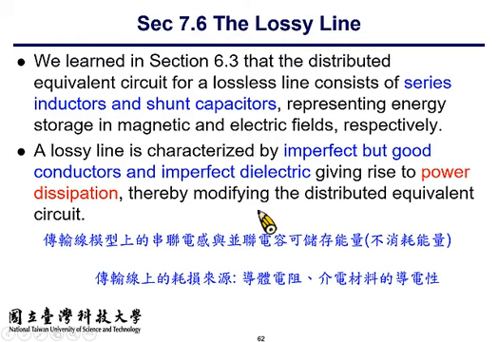On the other hand, on the series resistor and the shunt conductor, as currents go through or voltage drop appears across them, they exhibit a certain amount of energy loss within the resistor, within the conductor. Okay, so that's the most fundamental mechanism when it comes to the loss of a transmission line.